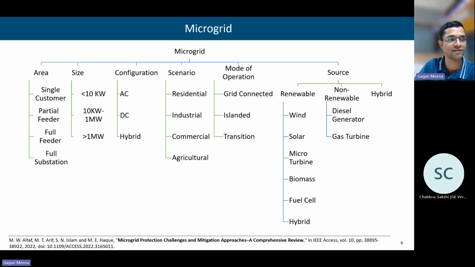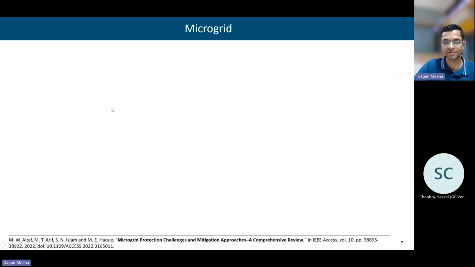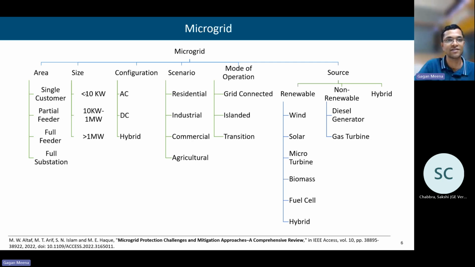If we talk about microgrid, then microgrids can be of different types and can be classified based upon different criteria. The first classification starts with the size. Depending upon the size, there can be very small microgrids less than 10 kilowatt, between 10 kilowatt to 1 megawatt, and more than 1 megawatt.